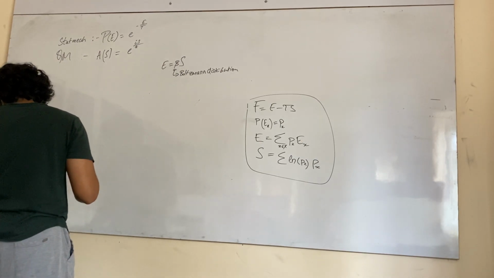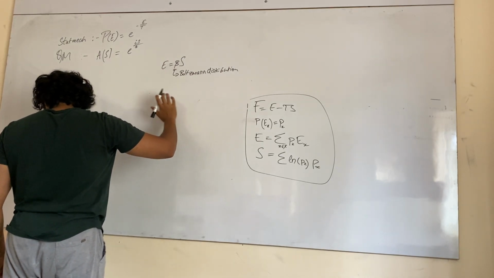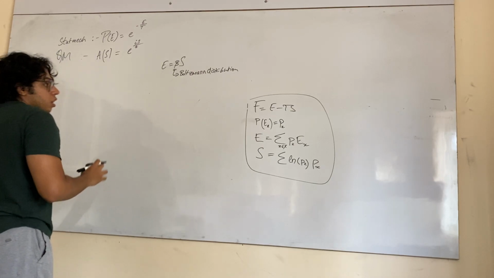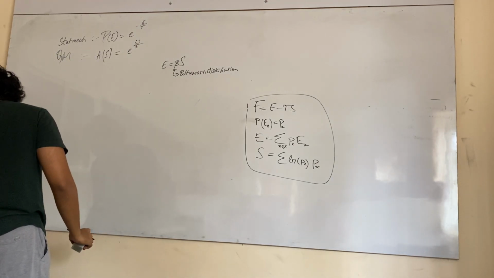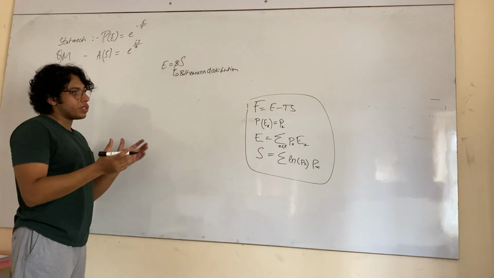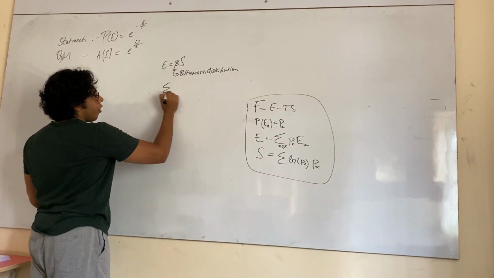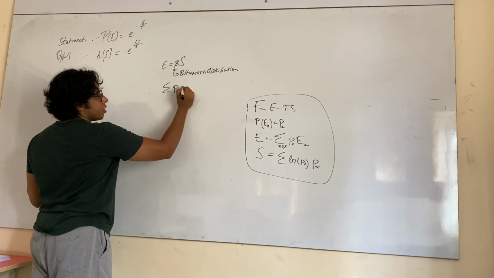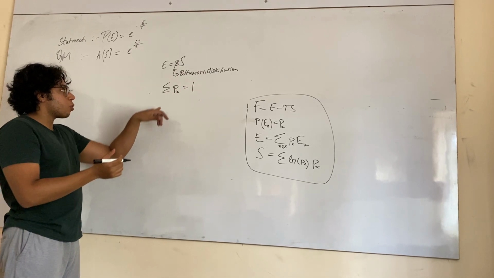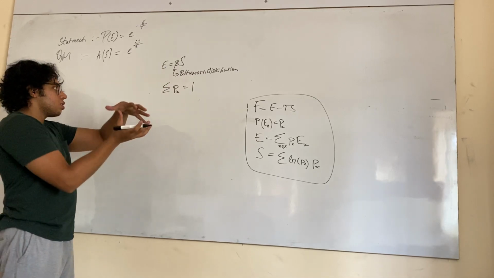Now, given you minimize your free energy, we then have another constraint, which is that the summation of the probabilities of x is equal to 1, the probabilities of all states to have a particular energy value is equal to 1.